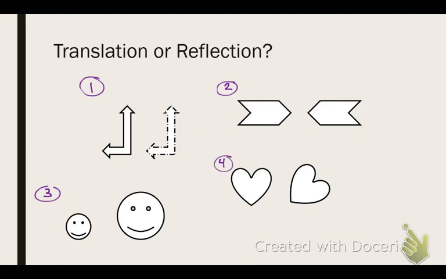All right, now we have to think about our rules for translations. Let's start with translations. Are any of these sets of figures a translation? Are any of them? Which number? 1. Number 1. Any others? No. Okay. No. Why is 4 not a translation? Because it turned. Okay. It can only slide.